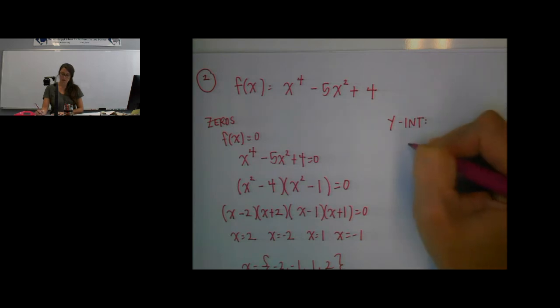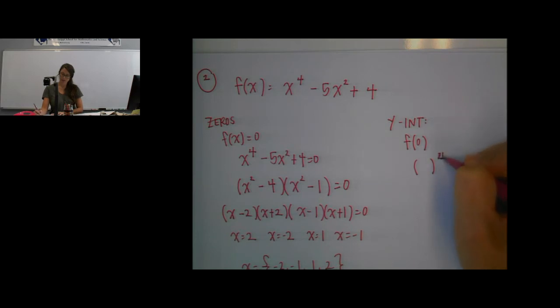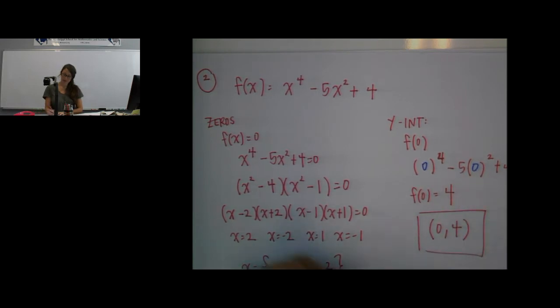So the y-intercept is when you evaluate the function at 0. So we'll have 0 to the 4th minus 5 times 0 squared plus 4. So f of 0 will be 4. So the y-intercept will be (0, positive 4).